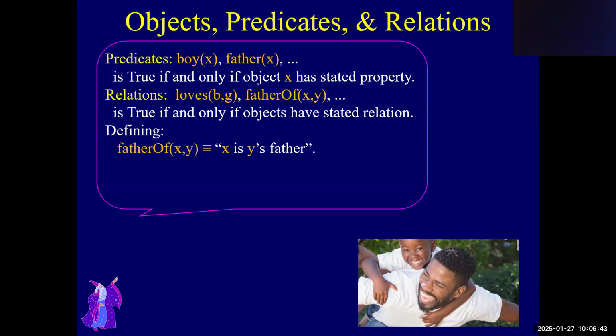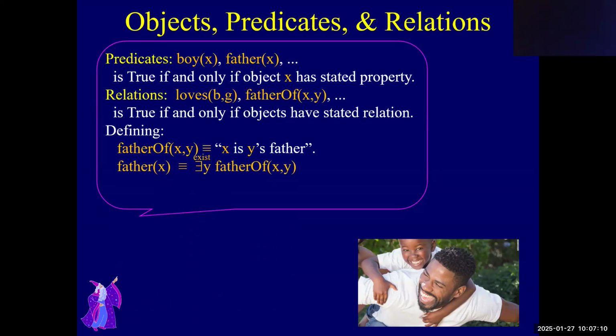But if I want to specify a specific universe, then I might say, outside of the logic, this isn't in the logic, whenever we have the three bars, that's sort of a definition or an equivalence outside of the logic, which is saying we're defining a father to mean X is the father of Y, right?